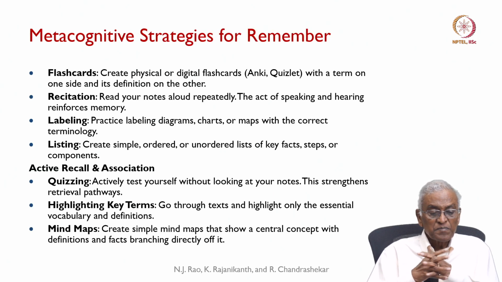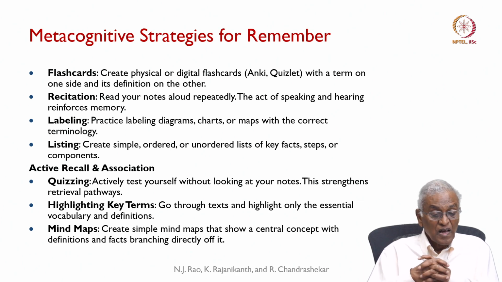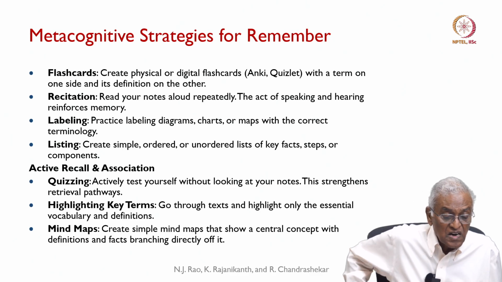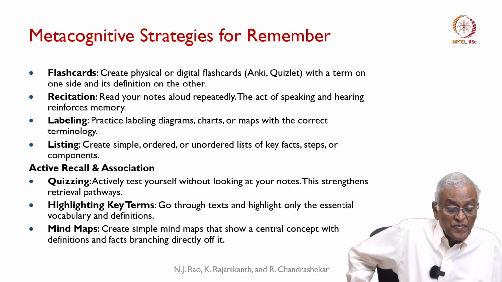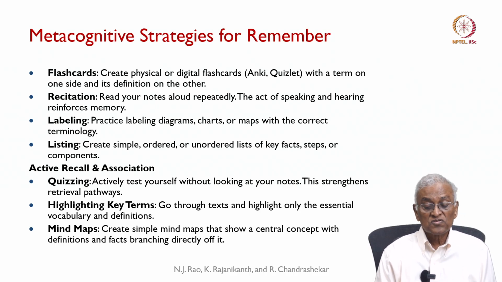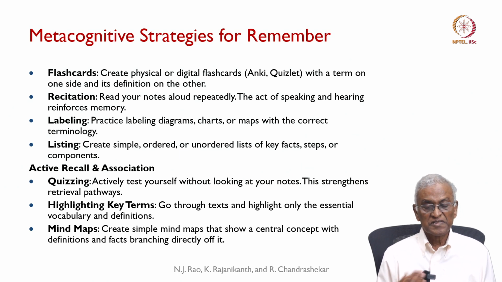Now let us look at metacognitive strategies for different cognitive processes. For remember, you can use flashcards, that is, create physical or digital flashcards using one of these tools with a term on one side and its definition on the other.